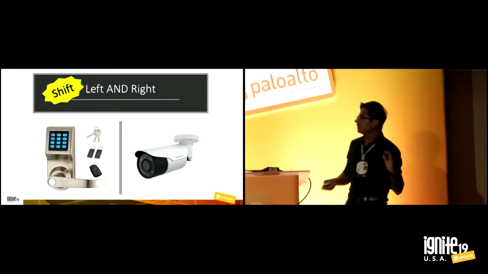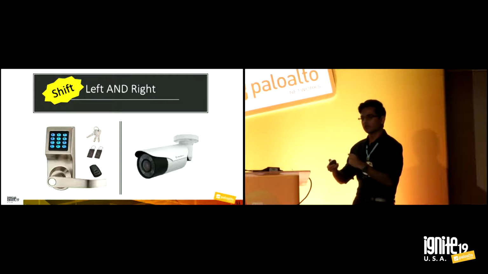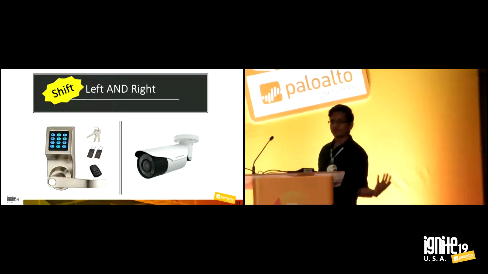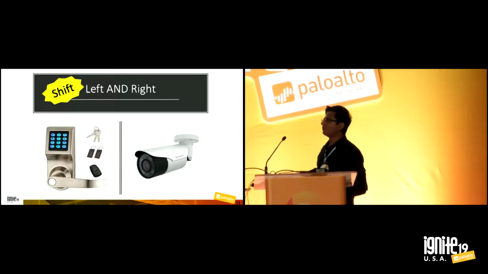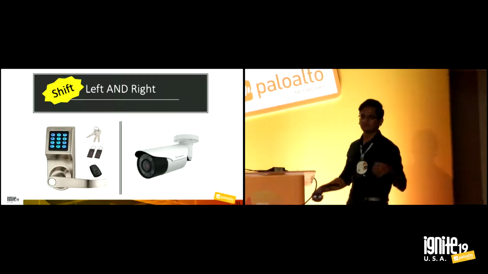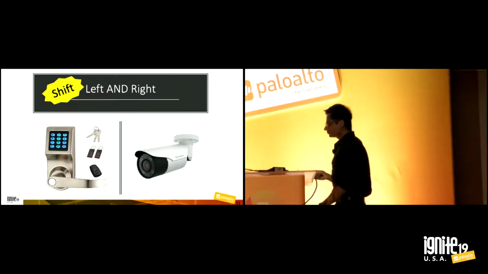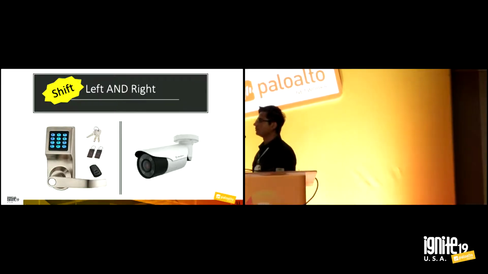Shift left, the example I like to use is having doors in the house. If you have doors and you lock the doors, you're preventing things from coming in, but you don't know what's happening inside the house. So having cameras is kind of like runtime security, which is shift right. So you kind of need them both.